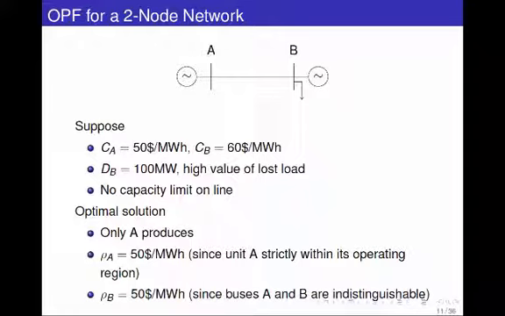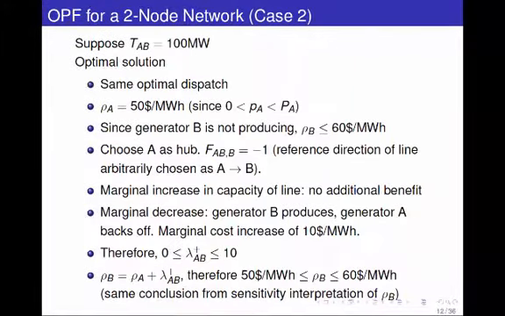So we know that this guy, we already showed earlier that it's no more than 60 because the generator at location B is not producing. But now we also said something more. It's actually something between 50 and 60.